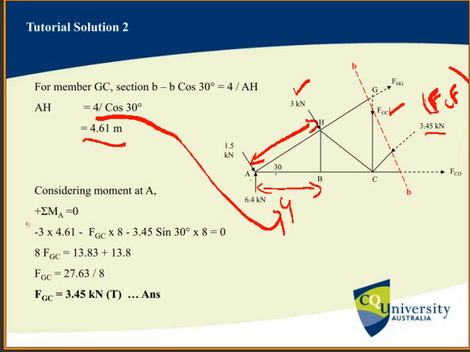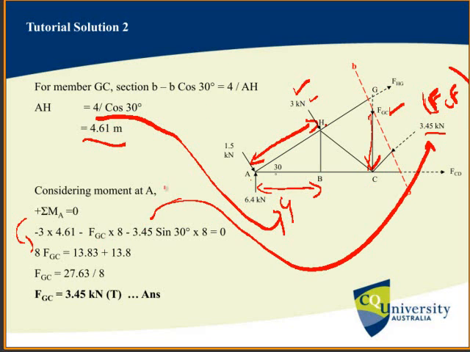So look at this moment equation. This is 3 into 4.61. This 3 into this distance AH, AH 4.61, and the FGC force into 8, and the force 3.45 FCF into 8, because this force acts at C point and the distance of C point and A equal to 8.